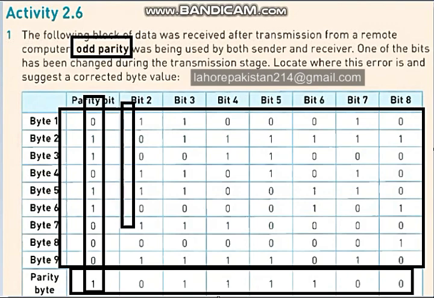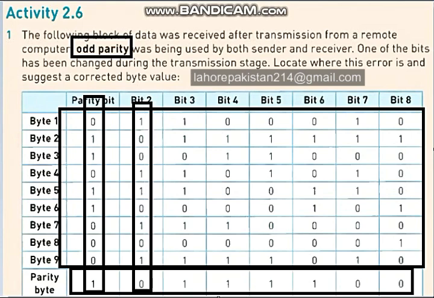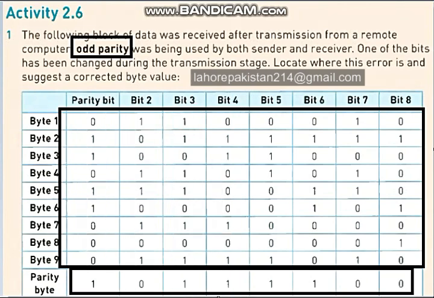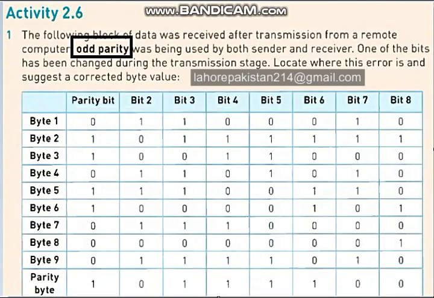If the parity of this whole column is not odd, then this 0 will make it so. If the parity of this column is odd, then 0 will be written in the parity byte row, and so on. Now we are going to calculate the error in this block of data at the receiver's end.